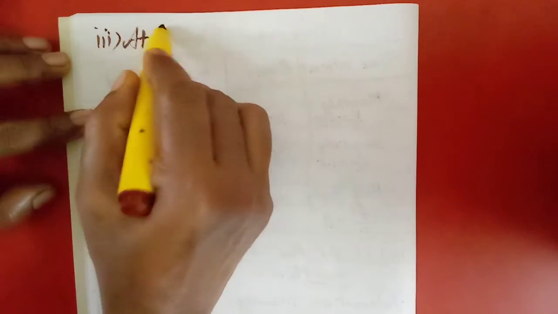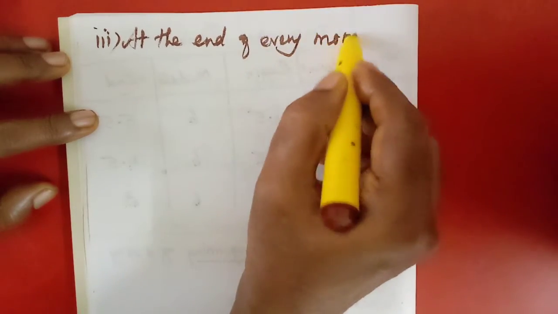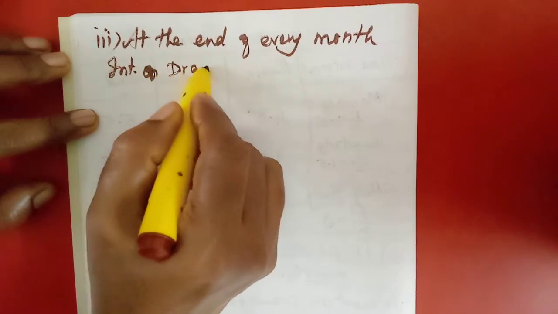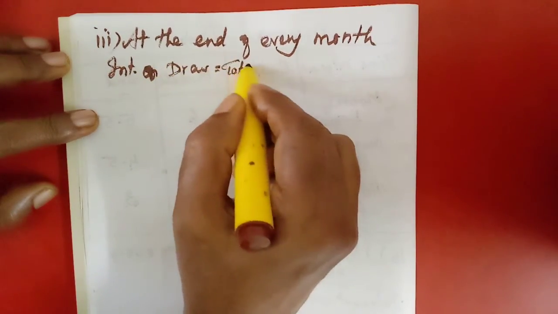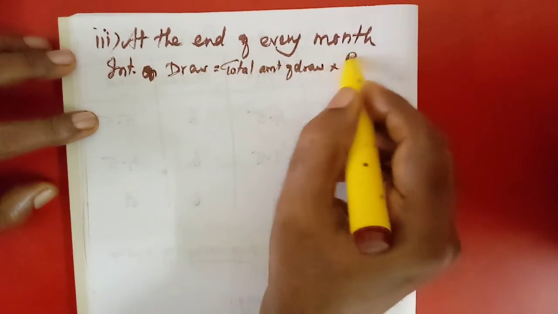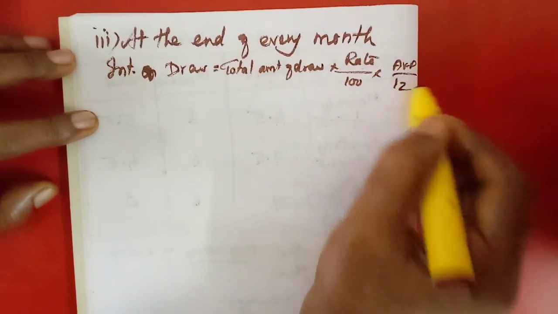Then at the end of every month, third one. Interest on drawings equal to total amount of drawings into rate by 100 into average period by 12.